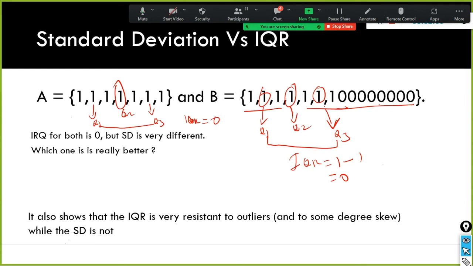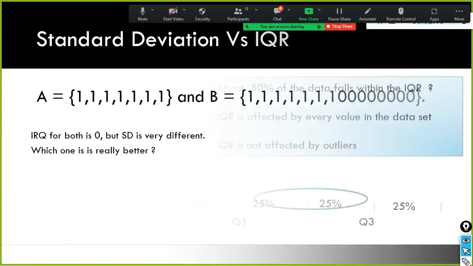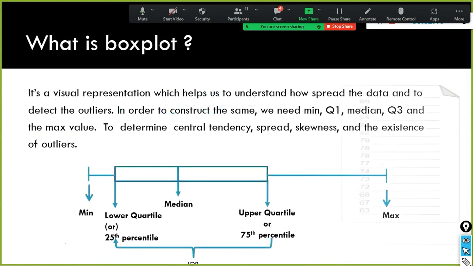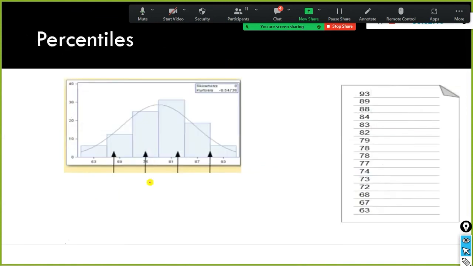Now I will give you one simple assignment. You can all start doing it now. I have something called age and number of customers. Here age is 19, another is 20, and let's say 21, 22, 23, 24 and 25, and this is the number of customers.